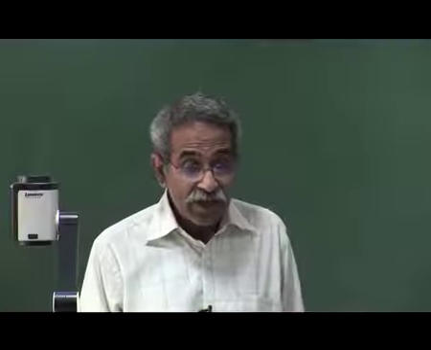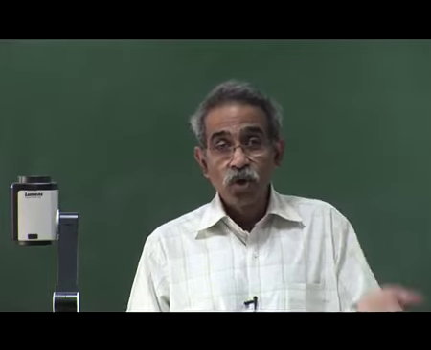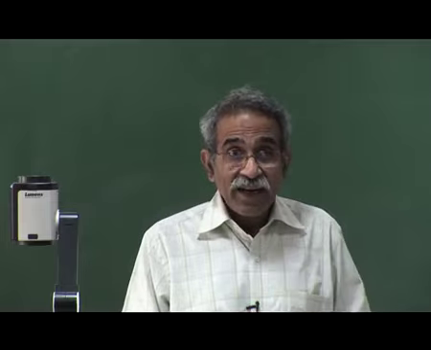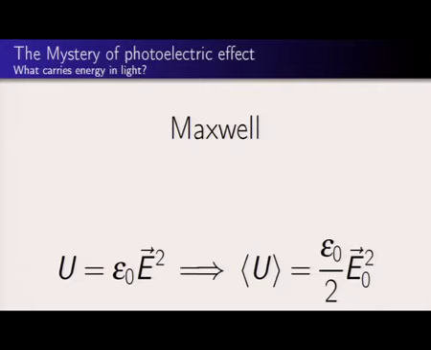That means, if energy is being transferred from the radiation to the electron, that transfer should depend entirely on my E squared. That is what this slide is showing to me. U equal to epsilon naught E squared implies U equal to epsilon naught by 2 E naught squared. It should not depend on the frequency.